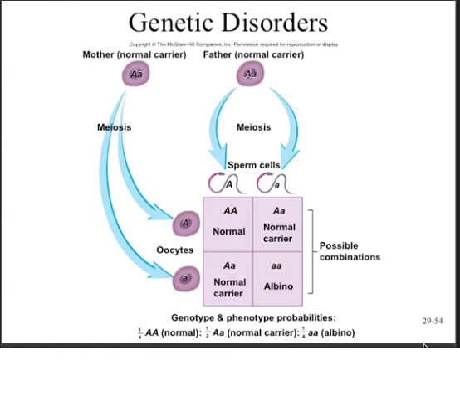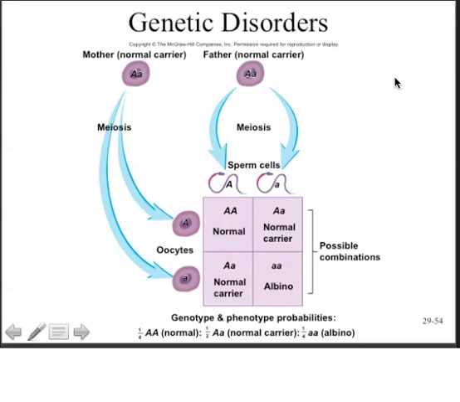What we're looking at here is just an example of a typical distribution of phenotypes and genotypes in a simple dominant recessive allele. So here we're taking the example of albinism. What we have to consider now is the genotype of the mother and the father.